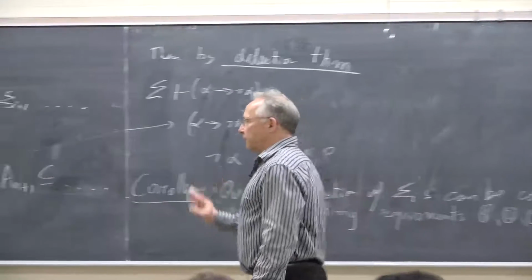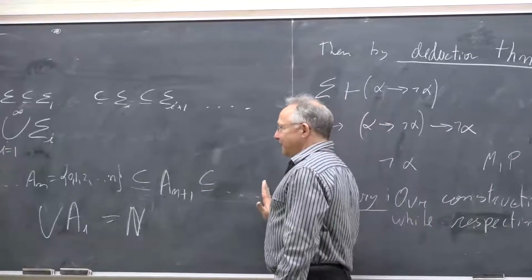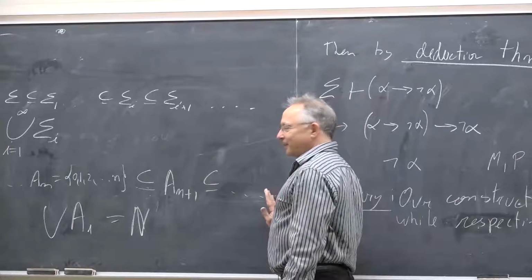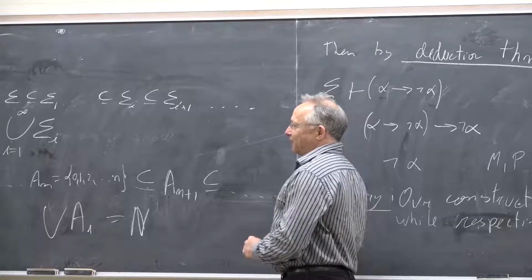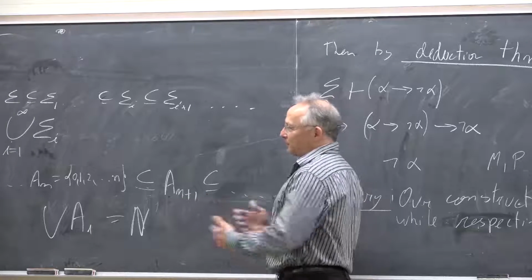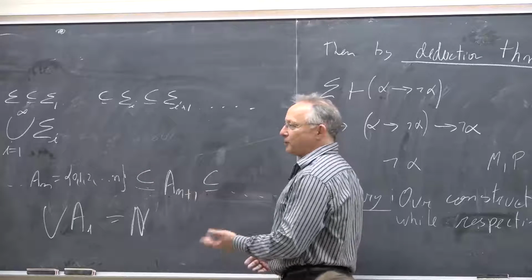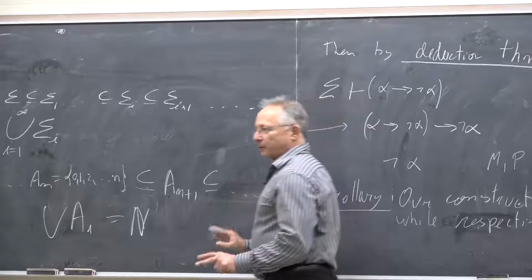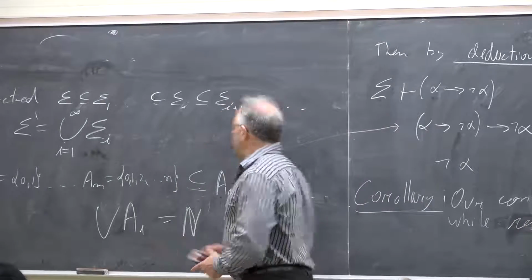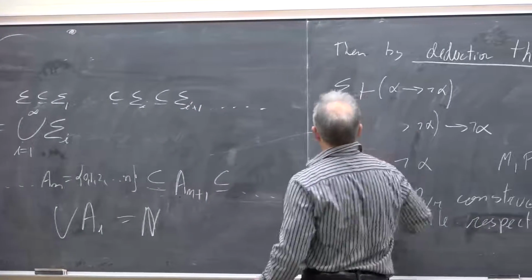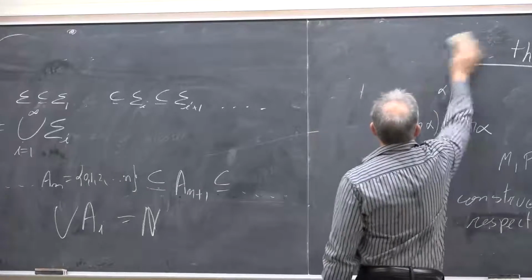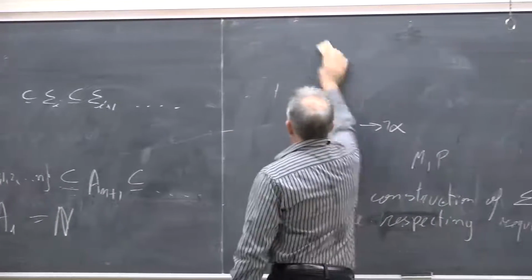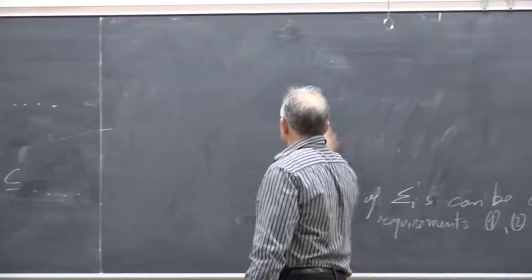Okay, so thank you for this question, because I think this is one of the points that, from my point of view, doing it over and over again, I don't bother to even mention it. From the point of view of a student, this is a pitfall where you can get confused. Okay, so we have this sigma prime. What we want to prove is that sigma prime is maximally consistent.